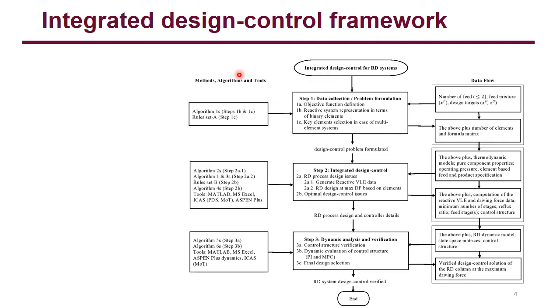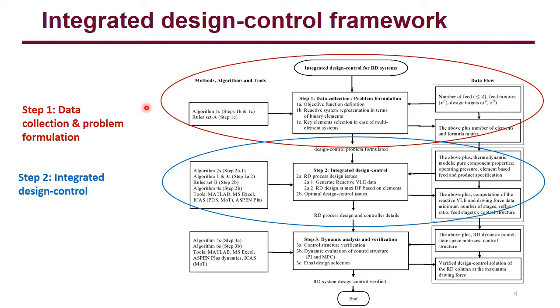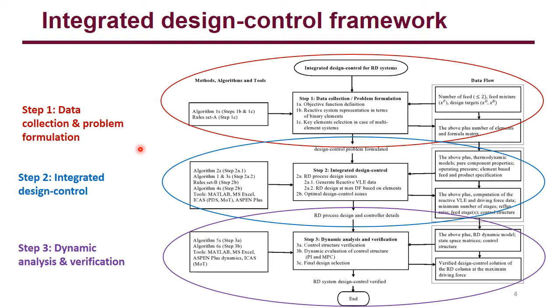So in our proposed integrated design and control framework, there are 3 steps. In the first step, we define the problem, we define the objective function, and we represent the reactive system in terms of elements. In step 2, we integrate the design and control of the RD system. Using the driving force approach, we determine all the key design parameters using the driving force diagram, and then we determine the optimal control structure.